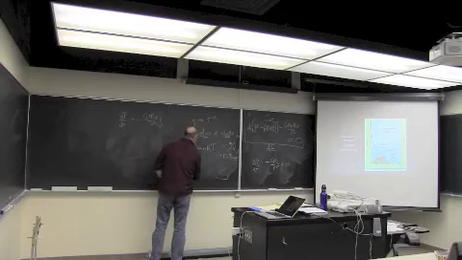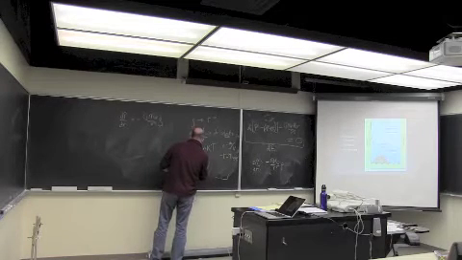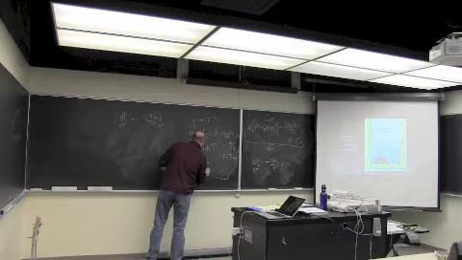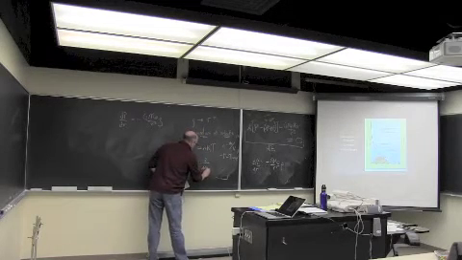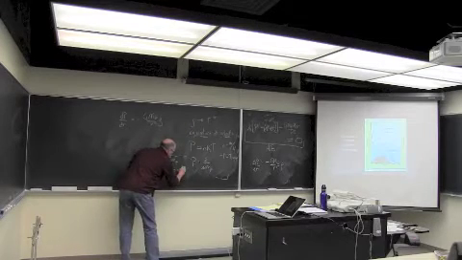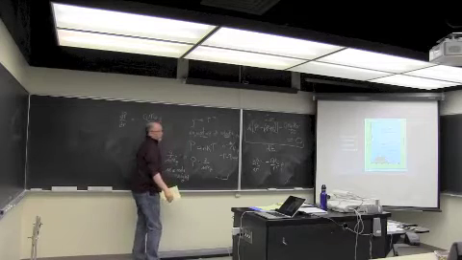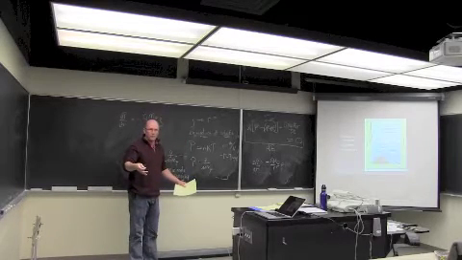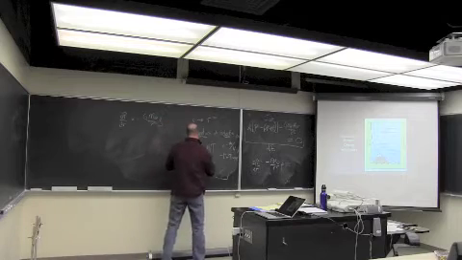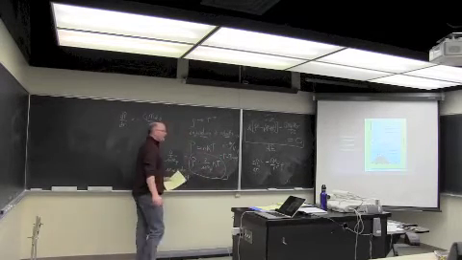So I can just put this in here and say the pressure is equal to rho over mu, which is the molecular weight. So for hydrogen, that would be 1. Helium, it would be 2, right? Times kT. So this is how pressure depends on density.